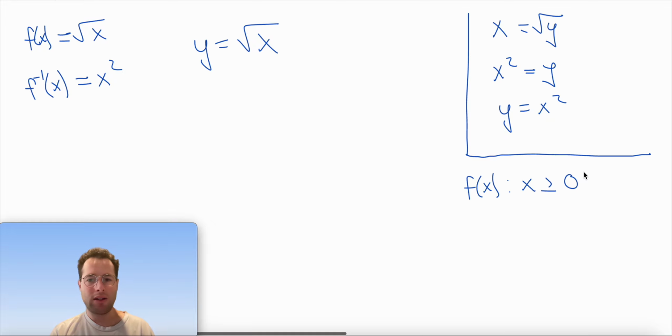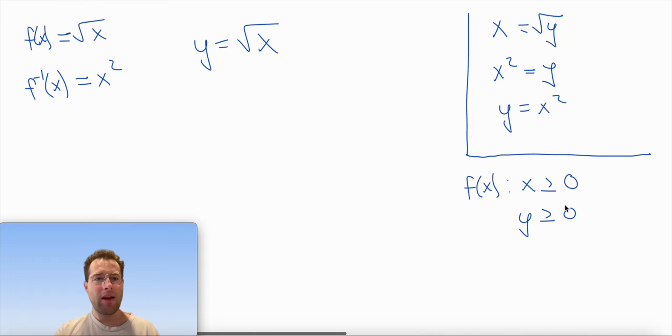And let's see. The range is going to be that y must be greater than or equal to 0. Right, because whenever we're taking the square root here, if our x values are greater than or equal to 0, then that means that our range values are also going to be greater than or equal to 0.